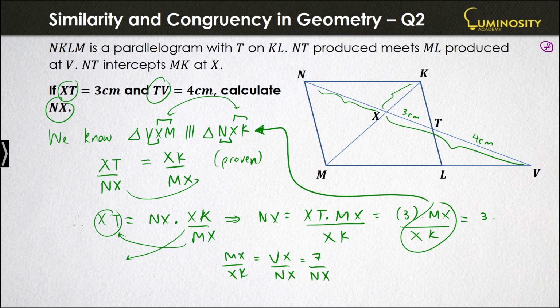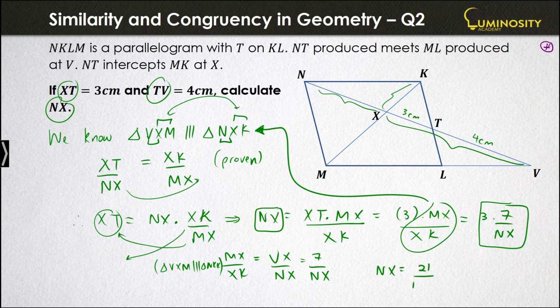So if I replace that now, and again, this reasoning is because those two triangles were similar, so we use the corresponding sides to be in proportion. So it's going to be 3 times 7 over NX. Now, look at this equation that we've got. NX is equal to 3 times 7, which is 21, over NX.